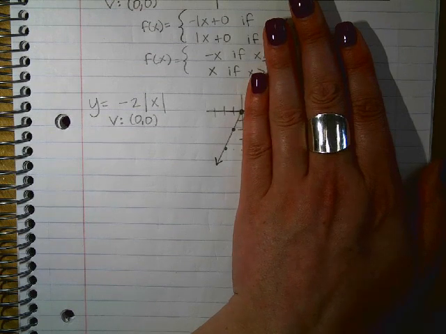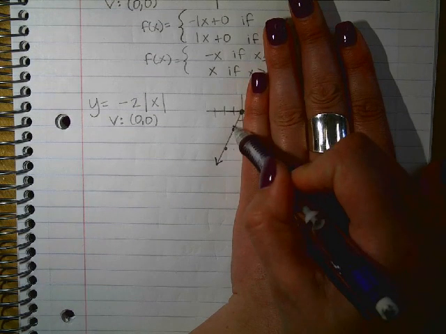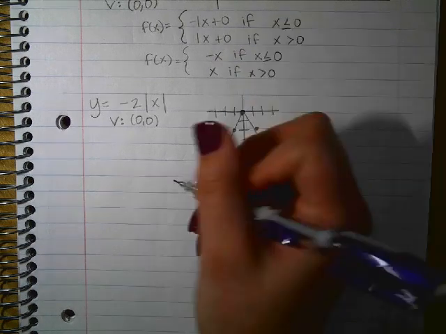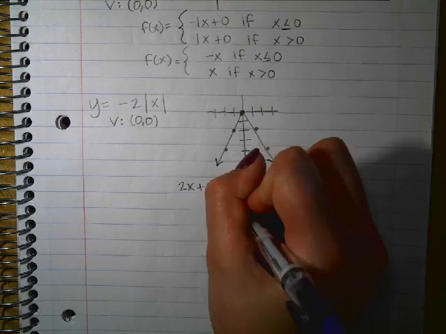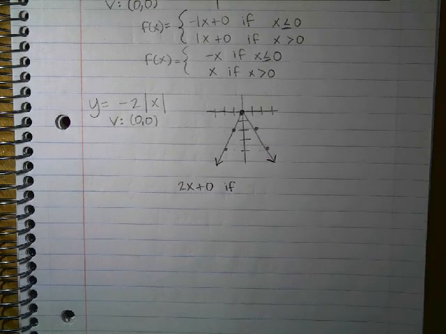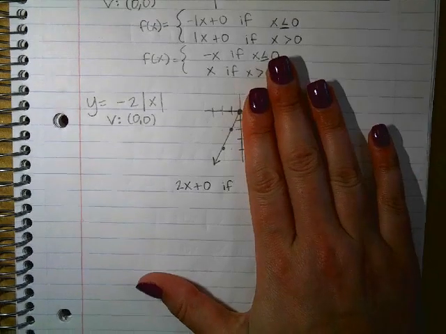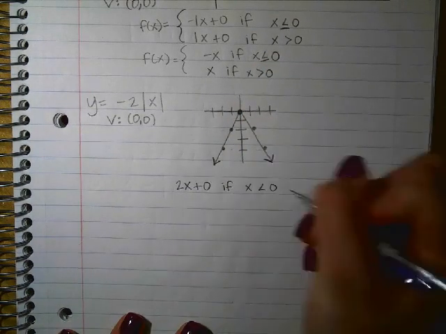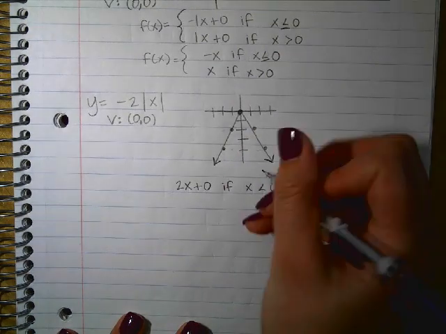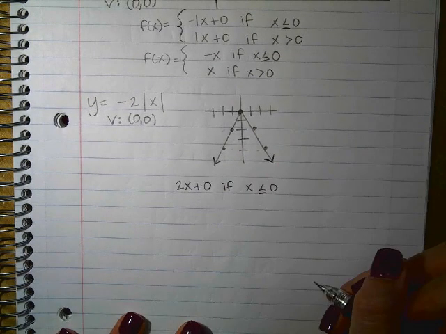It's 2, because it goes up to the right 1, up to the right 1. So we're going to say 2x plus 0 if, and what x values are we interested in? If x is less than 0. Yeah, we can go ahead with equal to, so we don't have that hole in there.